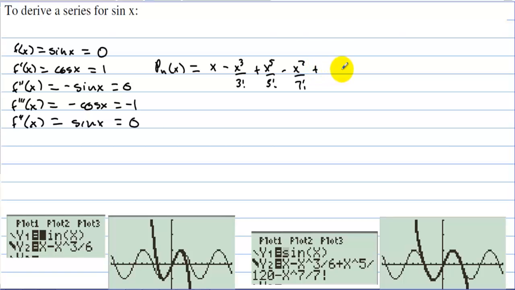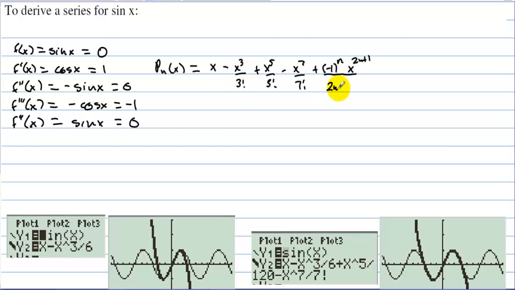So let's get the nth term now. First of all, let's say we're going to plug 0 in. If we plug 0 in, then we would have -1 to the nth power. We'd have x to the 2n plus 1. So if you plug 0 into 2n, you get 0 plus 1. And then that's all over, we need the odd. We need like 1 factorial and then 3 factorial.